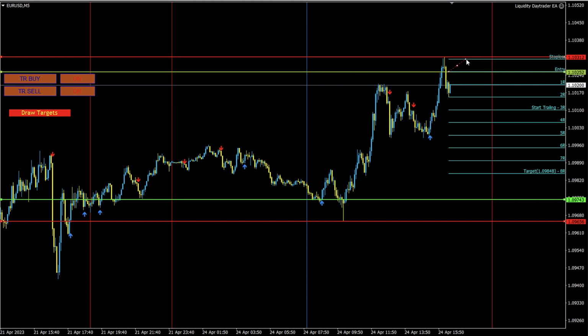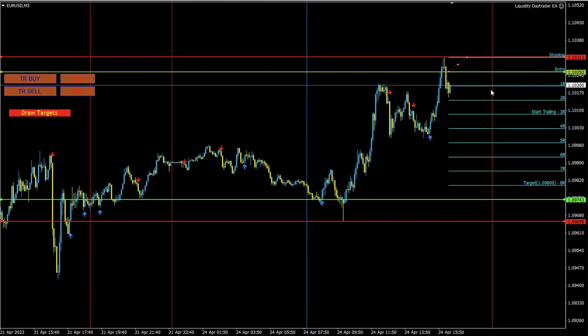What it will do, every time we have like this hitting, let's suppose it goes up, it entered, it triggered the entry, and it went down, and it reached the start trailing at 3R. So it will automatically move the stop loss to break even, and every time the market moves down 1R, it will trail it with 1R.